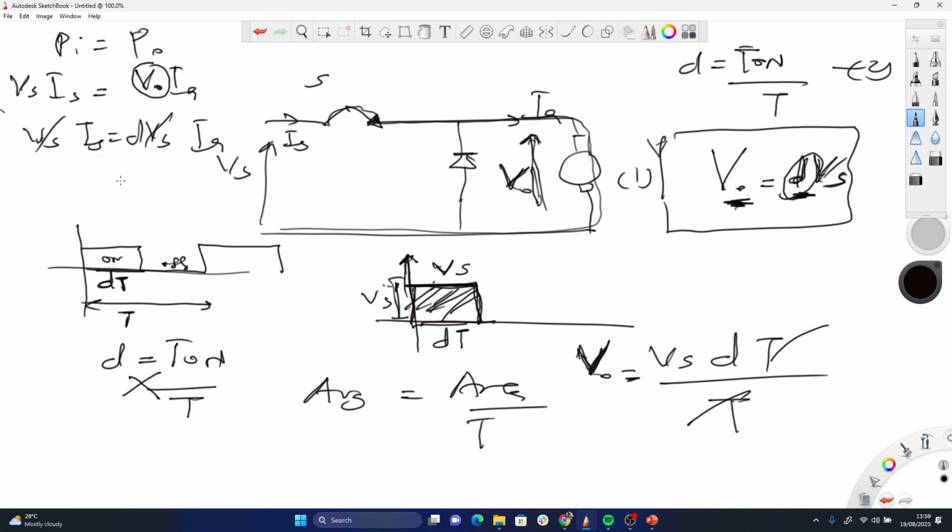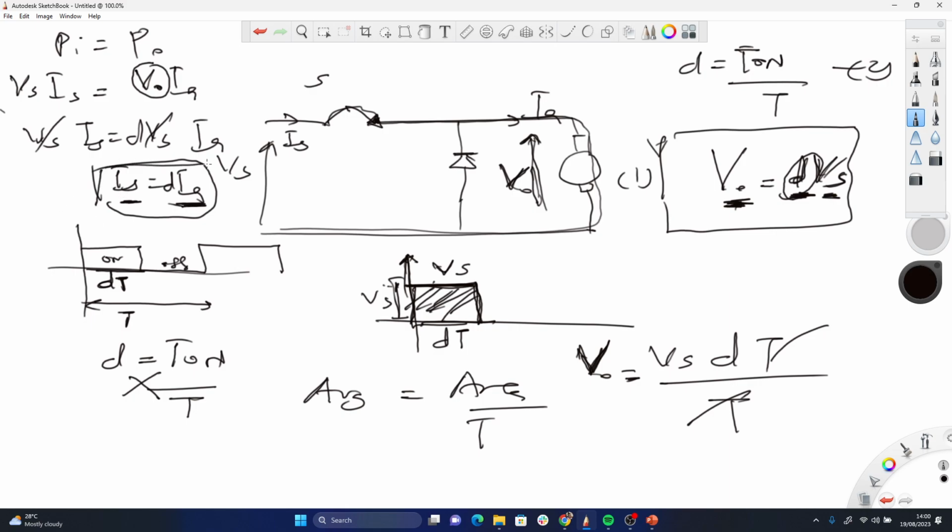Vs Is equals delta Vs Ia, which means Is is equal to delta Ia. So note the difference here. The output voltage is delta times the input source voltage, but the input current is delta times the output current. That's the second formula worth noting.